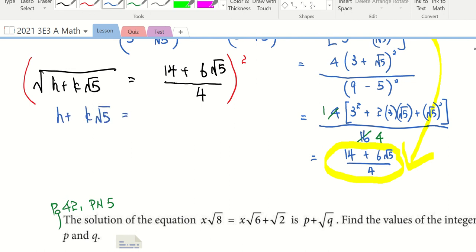But if I need to square the right hand side, I must apply the square to the numerator as well as the denominator. So let me be very careful. I need to apply the square for the numerator, but the square to the denominator is very fast. I can write 16. Now, Luffy, how to expand the numerator?